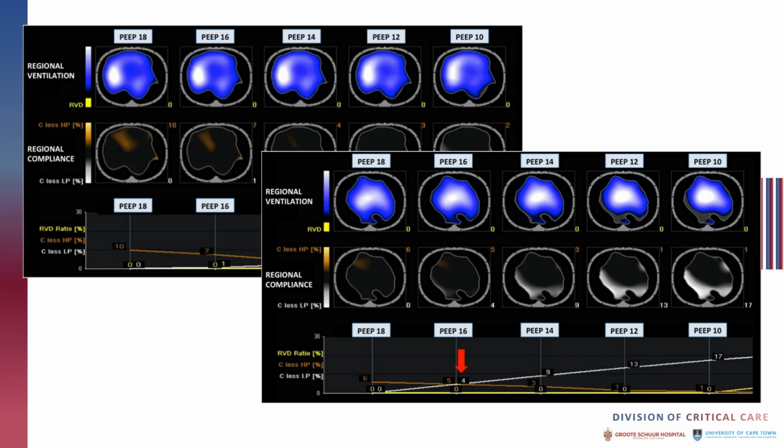So what is EIT? Well, it's a series of electrodes, electrical current that is placed across the chest wall. It's a single belt with 16 electrodes that goes circumferentially around the chest wall. And what these electrodes do is that they measure the impedance across the chest wall between all of these 16 electrodes.